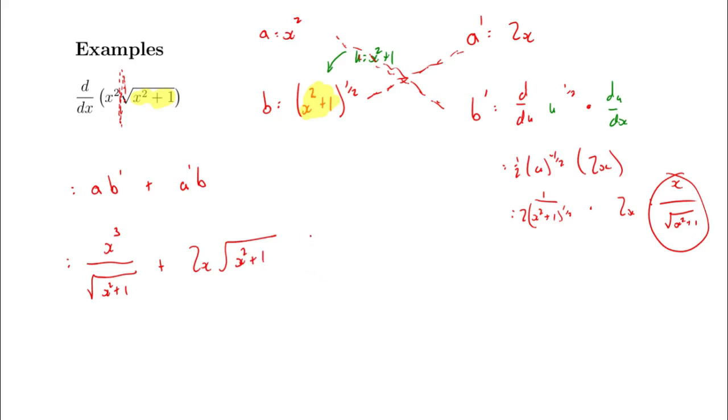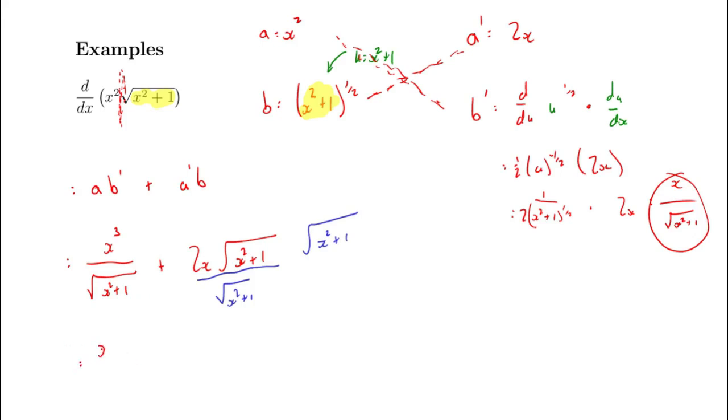We could leave it like this, or what you could do is say, well, let's see if we can combine these by multiplying by a common denominator. So let's get a common denominator of the square root of x squared plus 1 here. So I'll multiply it on the top and the bottom. But notice when I multiply that, I'm going to end up getting rid of that square root.